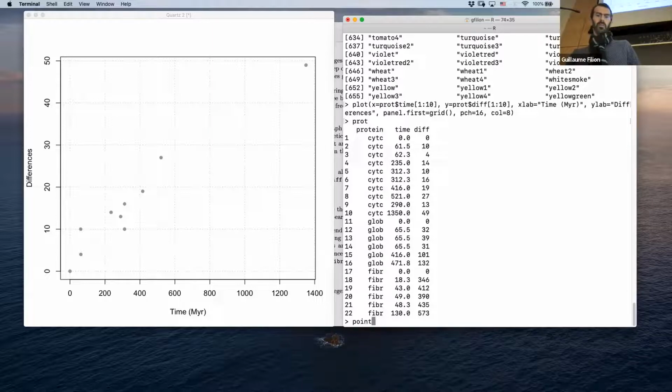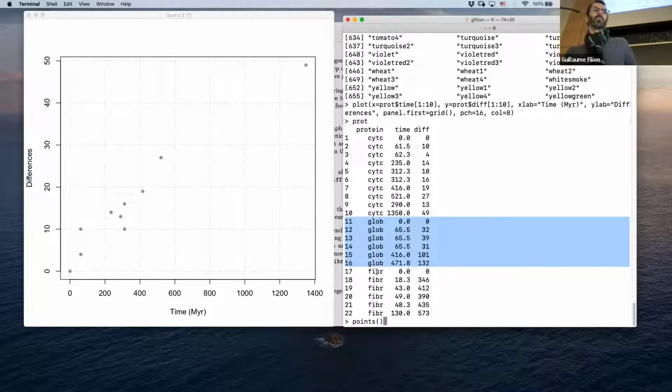Okay, so points. Yeah, we changed from 11 to 16, exactly. So that's what Dana says here in the chat. I think is the correct answer.